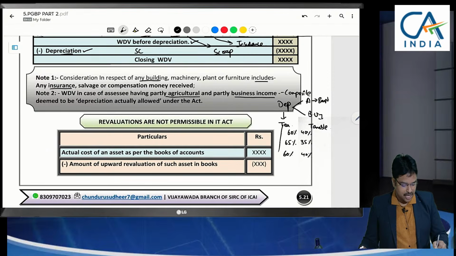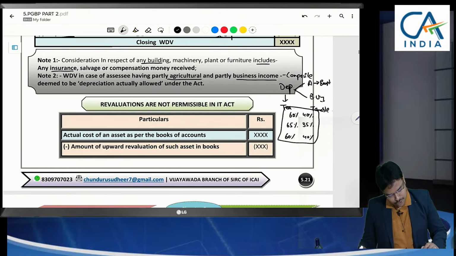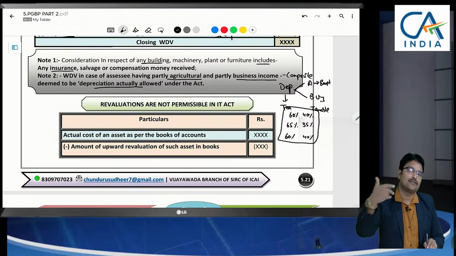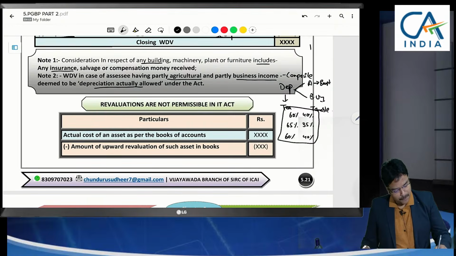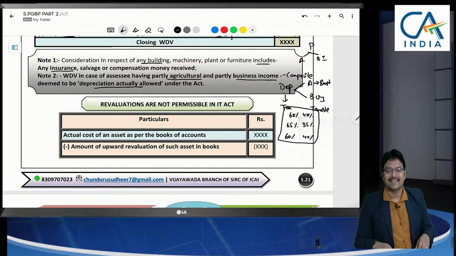So we have separate rules for how to separate agriculture and business income. That is why they assume that depreciation is fully allowed. Among the profit, we divide agriculture and business income, which means depreciation is automatically divided. That is the intention here.